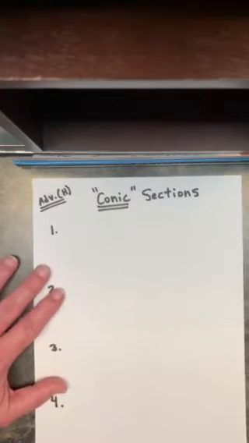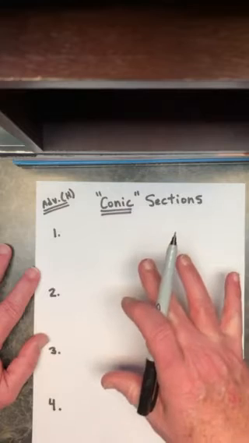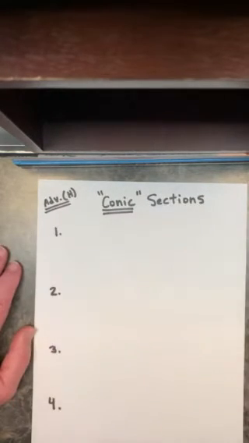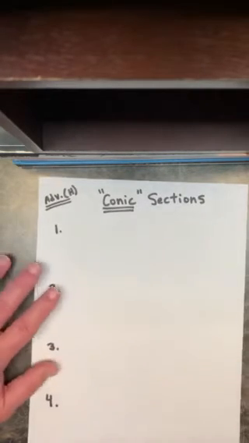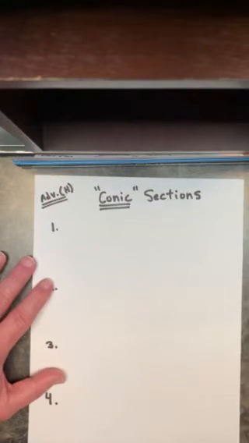What you see in front of you right now, I'm going to make some notes and give an overview on, in general, what conic sections are and what that means. I would think you had some background on this last year in Advanced Algebra 2. You do not have to write this stuff down as part of your official notes for today.